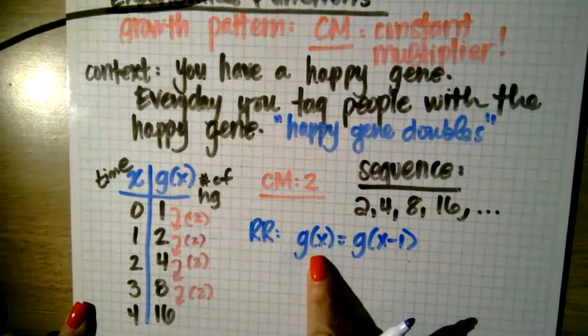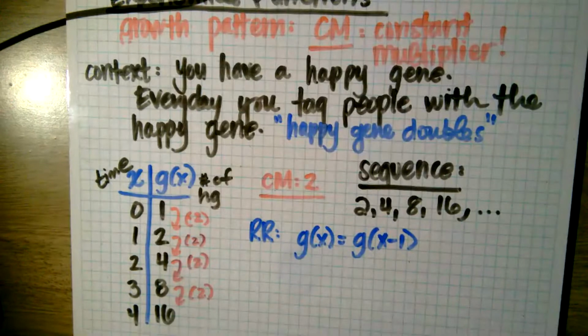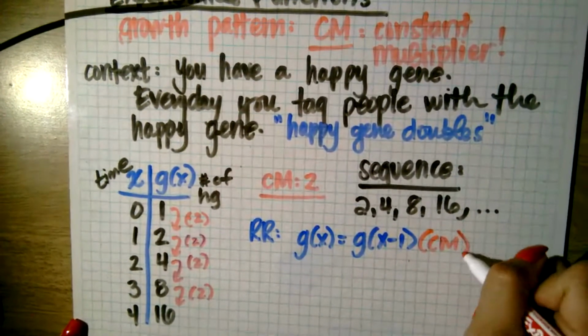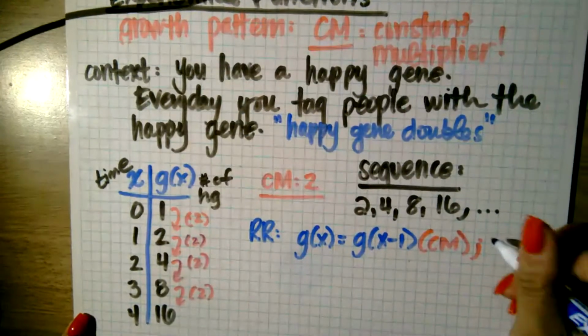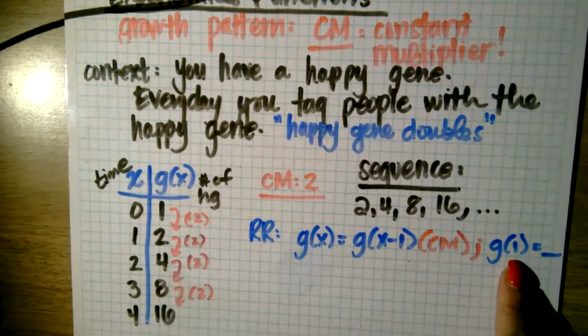To get to this output, I look at the previous one, but this time, instead of adding, I multiply by that constant multiplier, given that I know what the output is for the input 1.